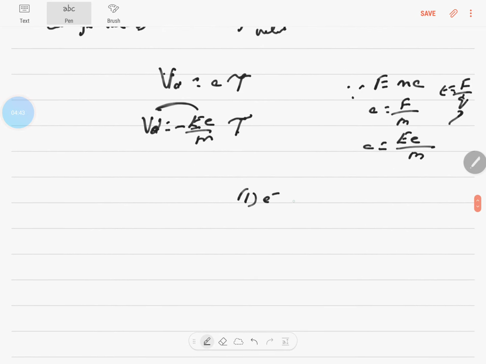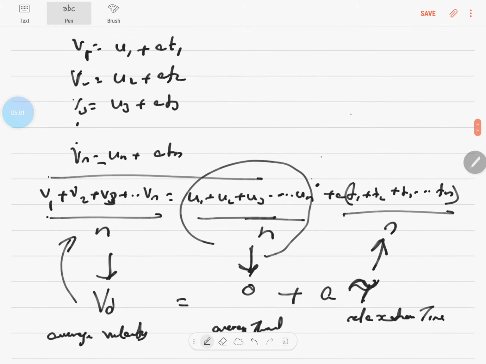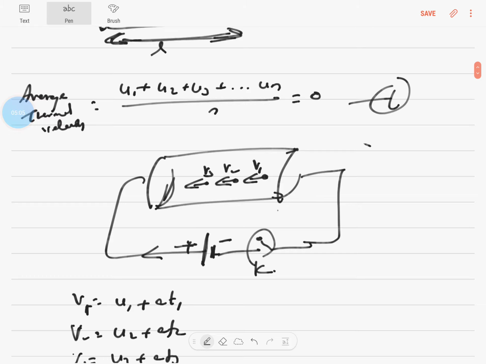The conclusion from this is that electrons always get accelerated in a direction opposite to the applied electric field, correct? That's the conclusion that we arrive at, and there will be an MCQ based on that.